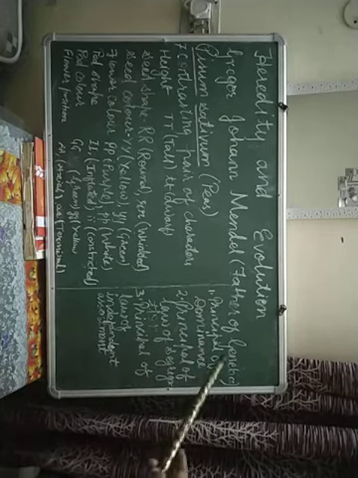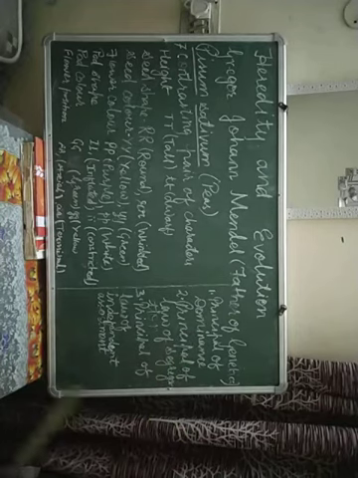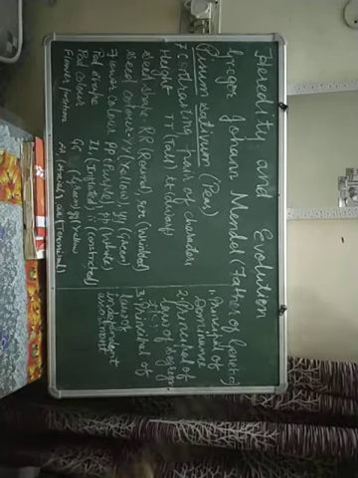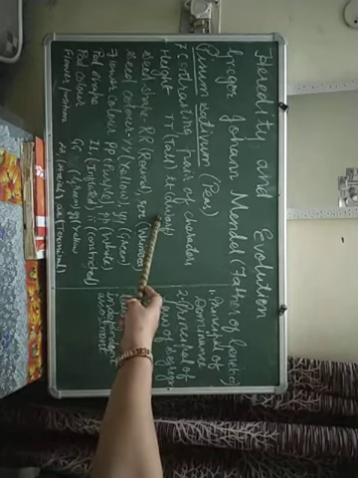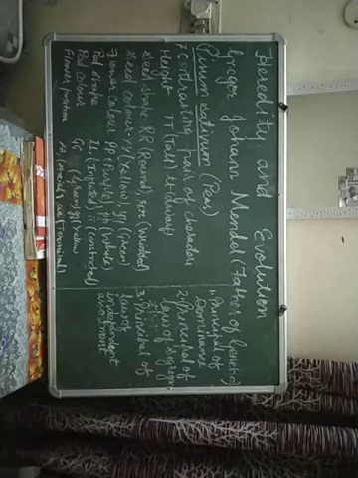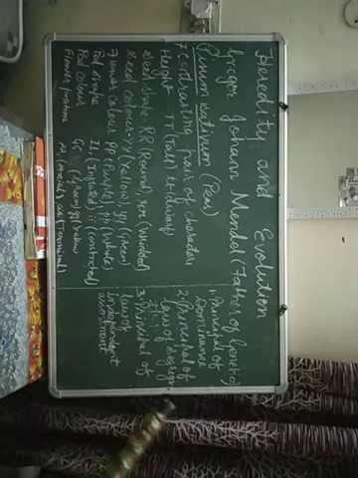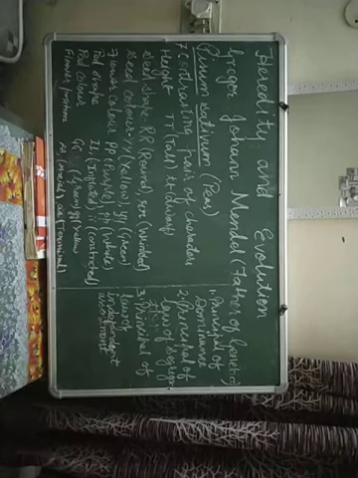The first law is the principle of dominance. According to this law, when he crossed the tall plant with the dwarf plant, in the F1 generation he got only tall plants. This showed that tallness is dominant, and in the first filial generation no dwarf plants were found.